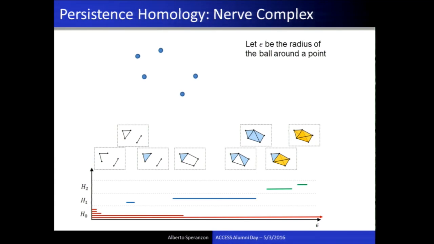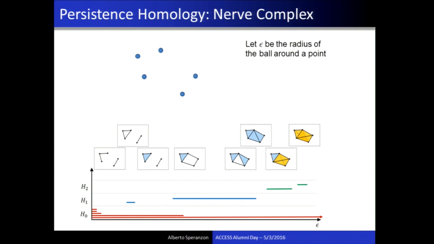So the idea is to use what is called persistent homology. The idea is very simple from a cartoon perspective. Let epsilon be the radius of a ball around a point, and now I grow the balls as a function of epsilon.